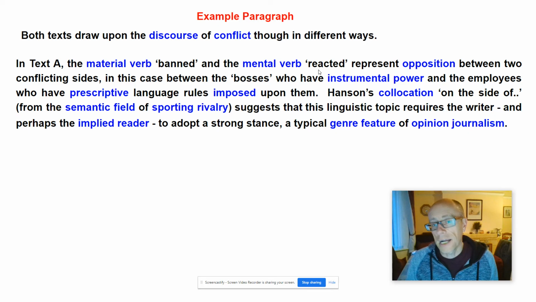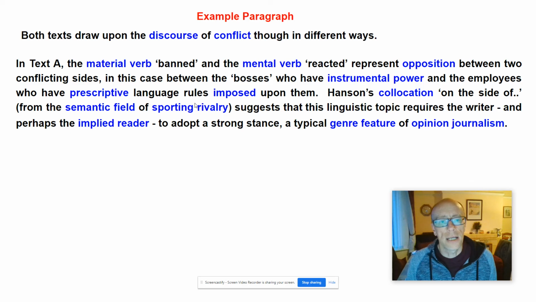We know that reacted could be described as a mental verb. And we've got other arrows in our quiver, like instrumental power, for example. And we're using the word collocation, meaning a bunch of words which are usually expected to be together. And we're using that word semantic field here. We're doing all of those things. So we're doing loads of AO1 stuff there.